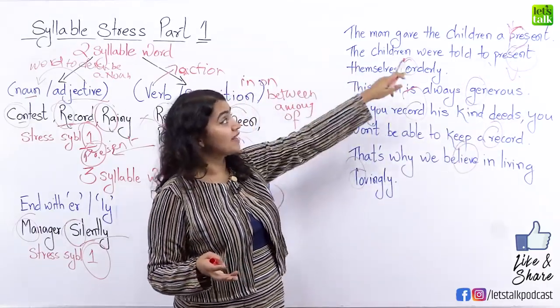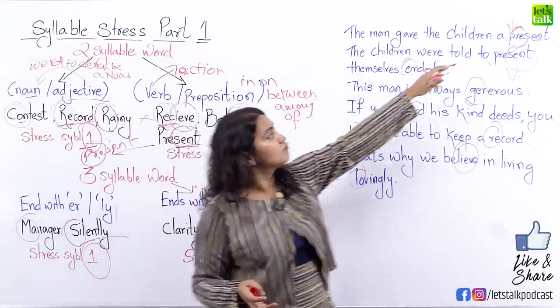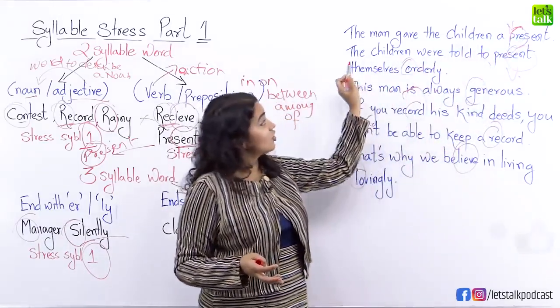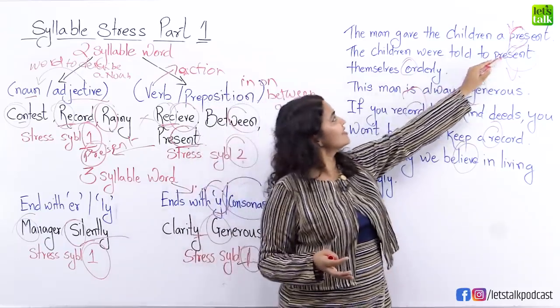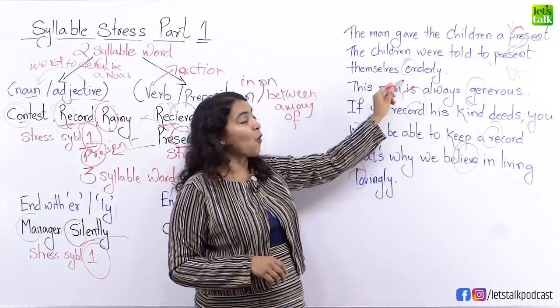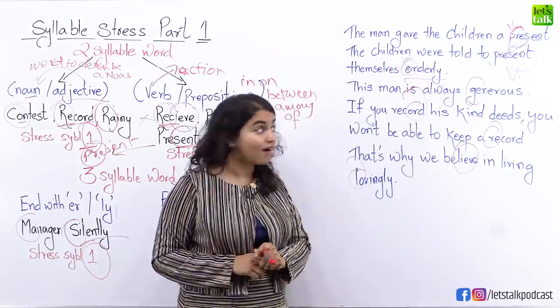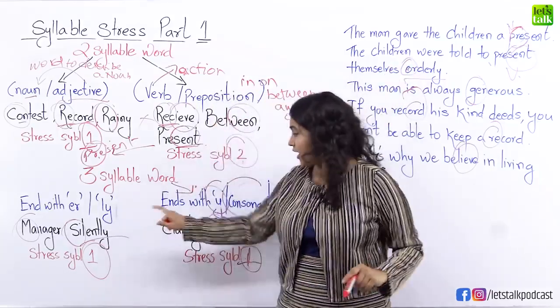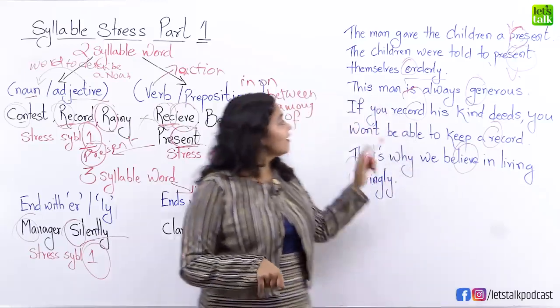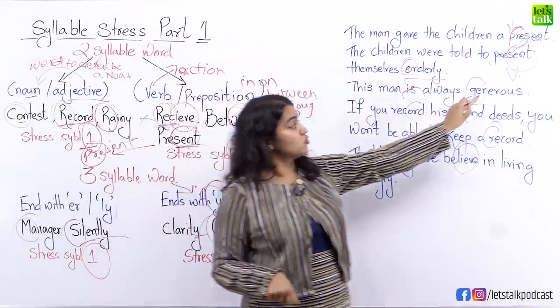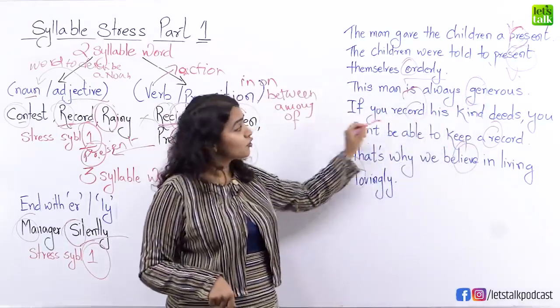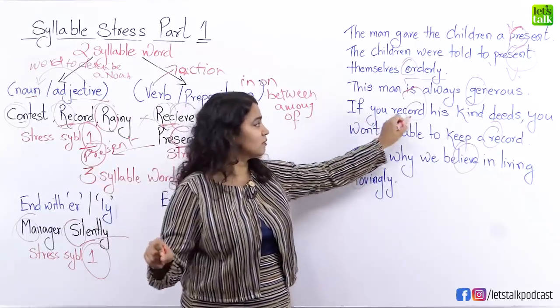So, the man gave the children a present. The children were told to present themselves orderly. A 3-syllable word, you're stressing syllable number 1 because it ends with a Y. The man is always generous. If you record, this is a verb.